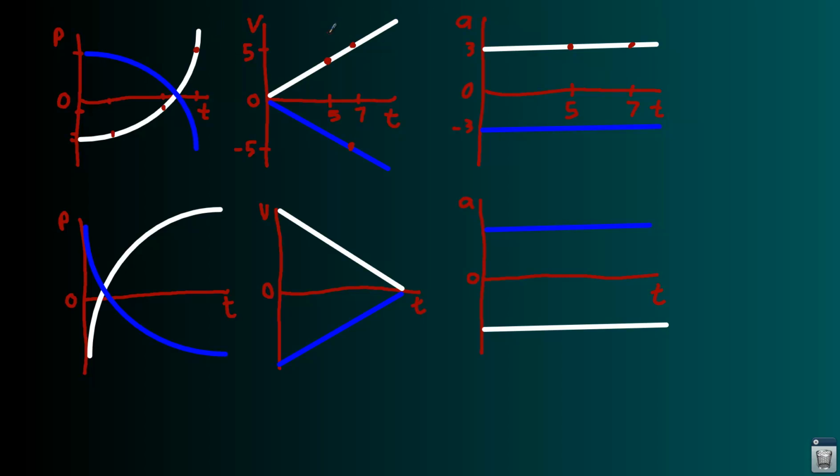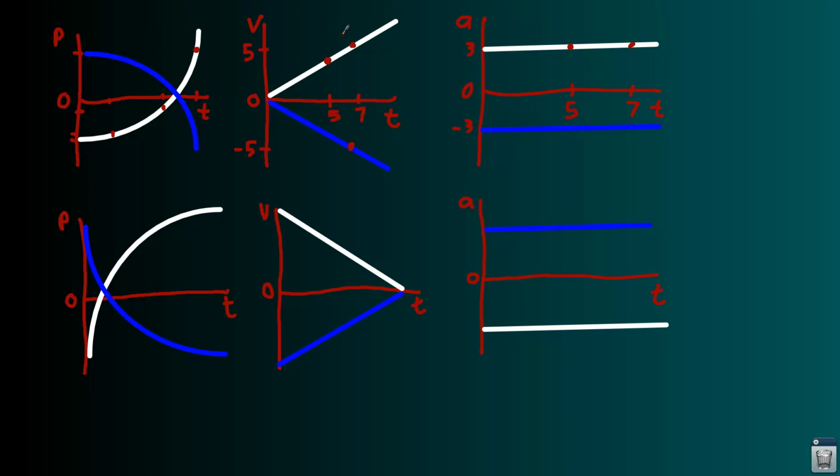The slope moves you this direction. If you find the slope of this curve, it tells you the value on this graph. That's essentially differentiating. Finding the slope at every point is finding the derivative. So the slope of this graph tells you what this graph looks like.